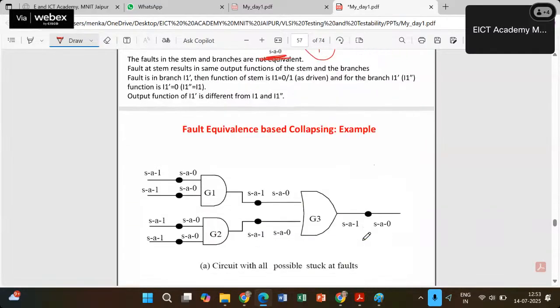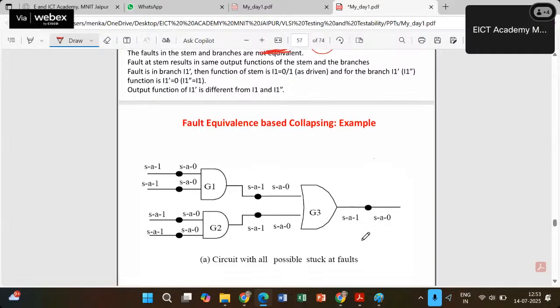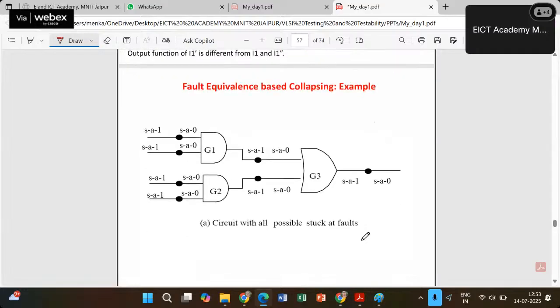Now, fault equivalence based collapsing. By definition, the faults which are equivalent, we can represent by one of the faults. For example, in the AND gate, the 3 faults were equivalent, so you can keep out of these, maybe this one only. Why have I chosen this?